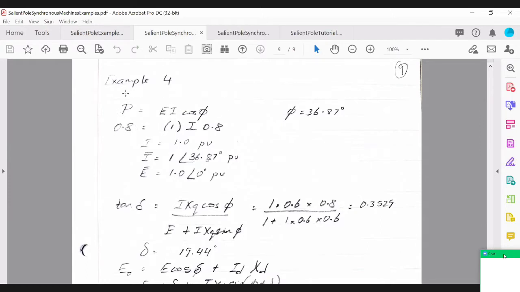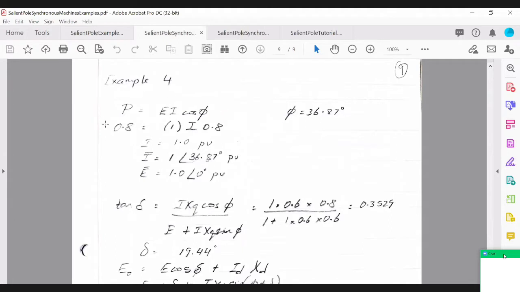Using your formula for the active power drawn by the motor, P is equal to EI cos phi, we can determine the current. We know that the machine is operating at rated voltage, so it will be 1 per unit. The power factor is 0.8, so we can replace that. And we know the active power is 0.8 per unit.